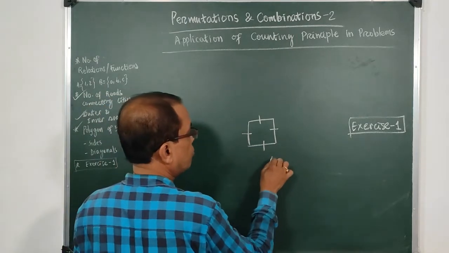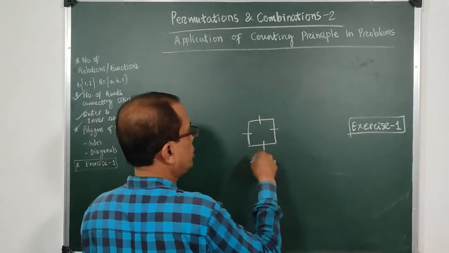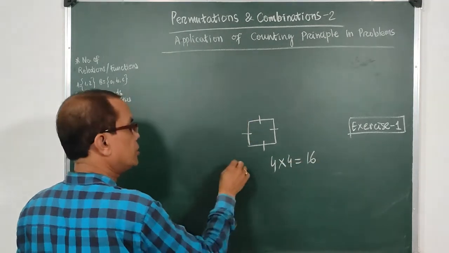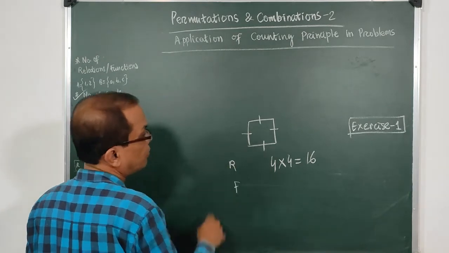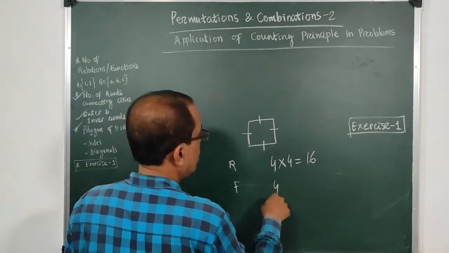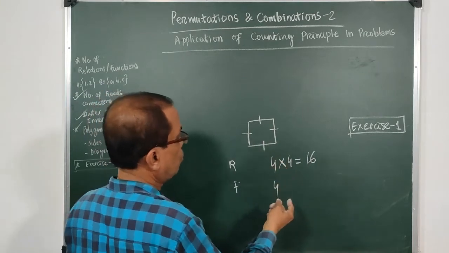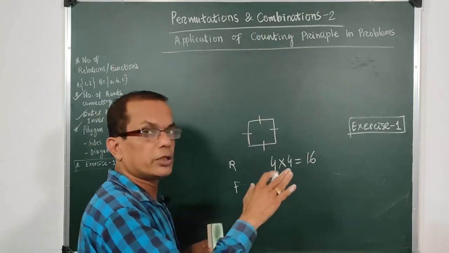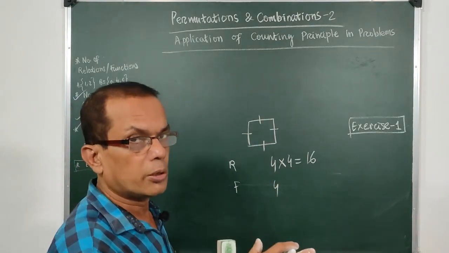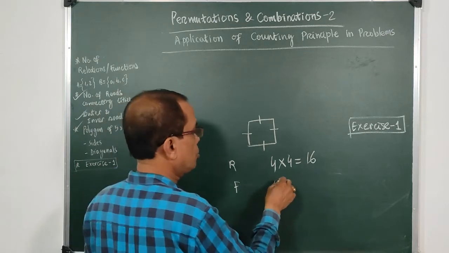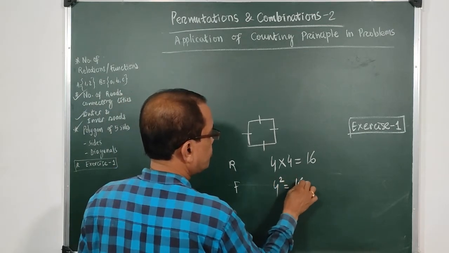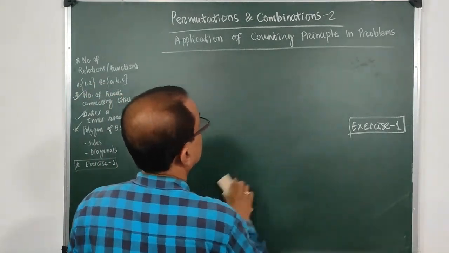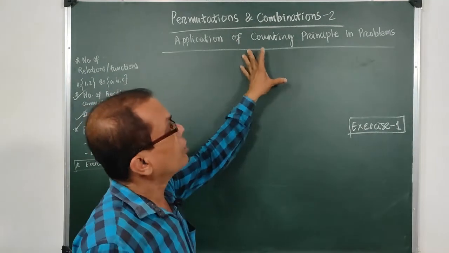The number of ways to enter is 4 and to exit is 4, so 4 into 4 is equal to 16. And this is the relation type. And the function type: there are 4 doors, and each door has 2 options. It will allow you to enter the cinema hall, or exit from it. So 4 square is the choice. This was the number of functions. So this is all about the first exercise that concentrates on the counting principle.